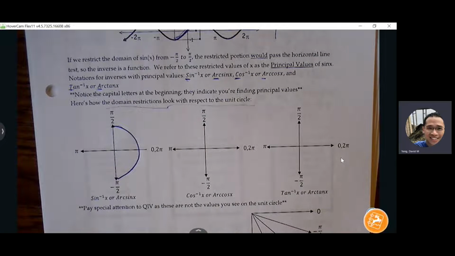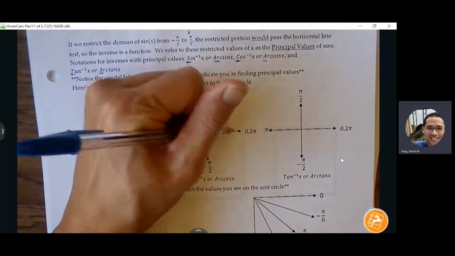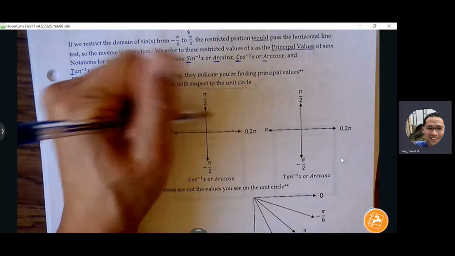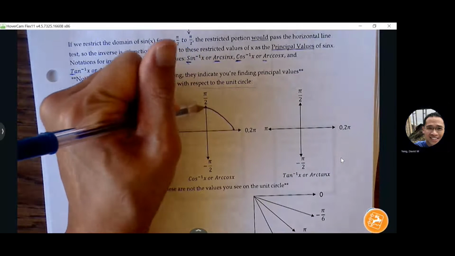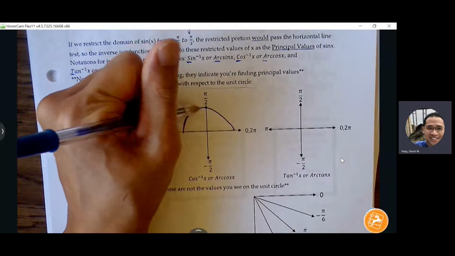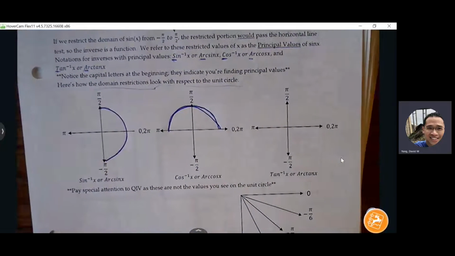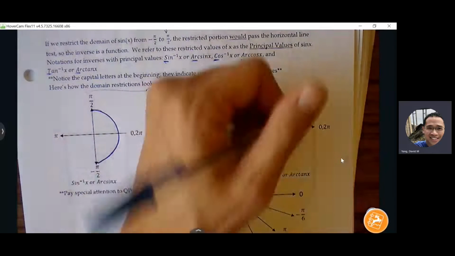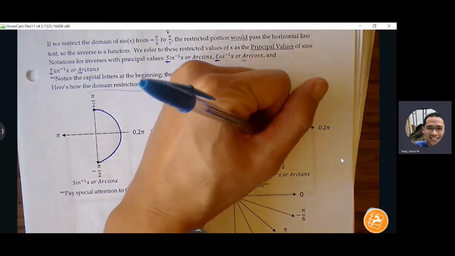For cosine, it will be restricted to the first and second quadrant. So if we're ever asked about inverse cosine of any value, we're always looking for measures that land in the first and second quadrant. And then finally, for tangent, tangent is the same thing as inverse sine. We're looking for values in the first and fourth quadrant.